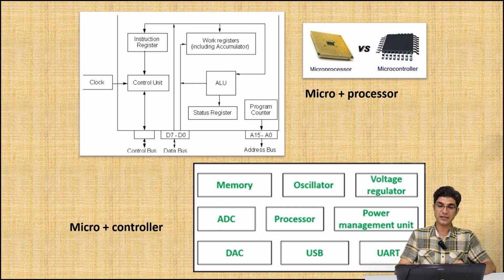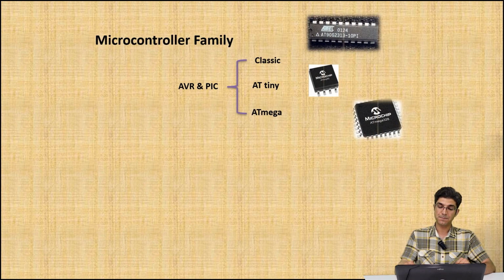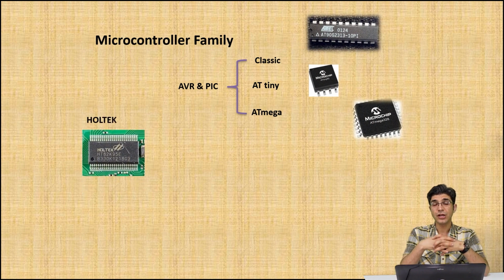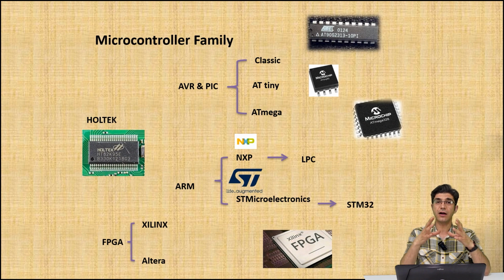And the next one is the microcontroller families, and there are many microcontroller families. First of all is the AVR and the PIC. What is the difference between the microcontrollers of the AVR, PIC and ARM, FPGA and some of the others, for example Holtek or Texas Instruments?